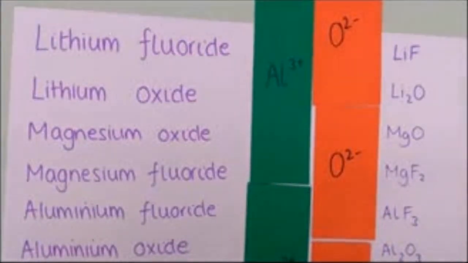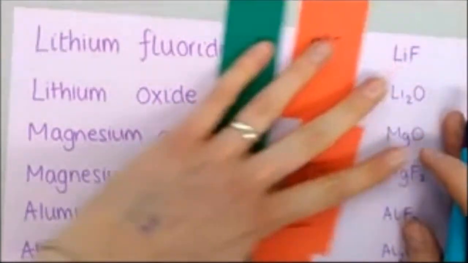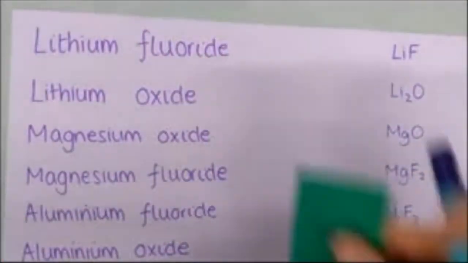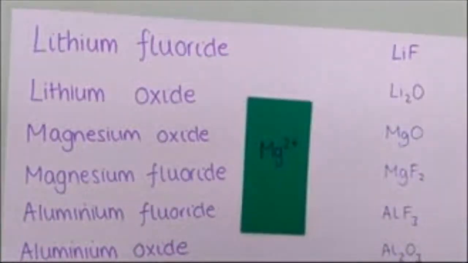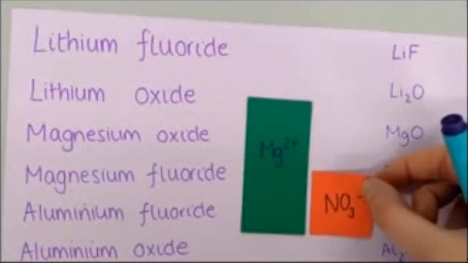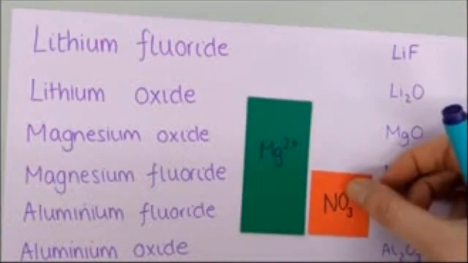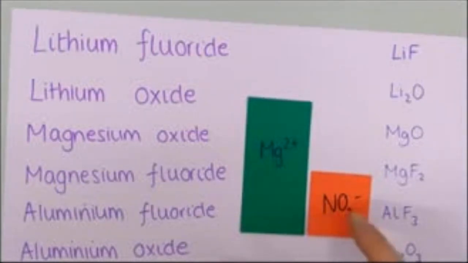And then as one final example using these, just in terms of how you would write it, we've already said that magnesium has got a 2+ charge. Now you do have what are called compound ions. So compound ions are things like nitrates, or sulfates, or carbonates, where you have multiple atoms and then a charge that applies to all of them.